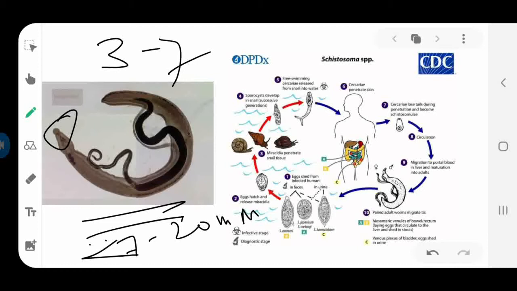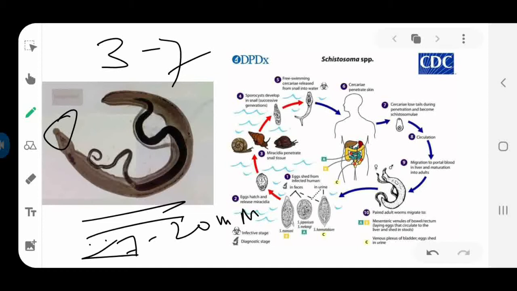Now let's talk about the clinical symptoms. If this species of microorganism affects human beings, what symptoms do we find? The symptoms are not caused by the worms themselves, but are the body's reaction to the eggs. Most infections are asymptomatic.